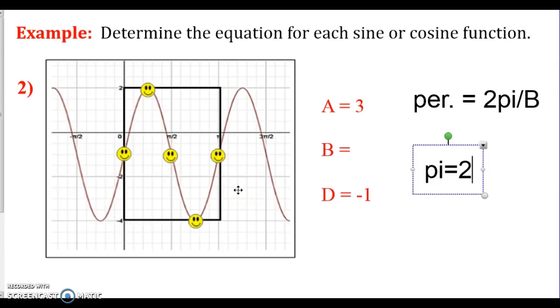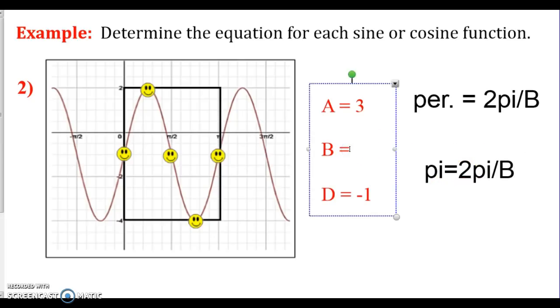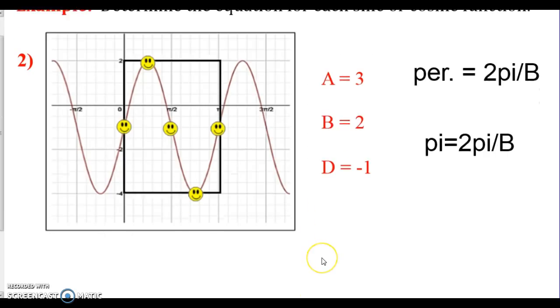That's going to equal 2 pi divided by something. So I'll just leave that as a variable of b. Pi equals 2 pi divided by some variable b. Well, essentially, I just need to find a way to cancel out that 2. So my b value in this case must be 2, because 2 pi divided by 2 would just give me a plain old pi.